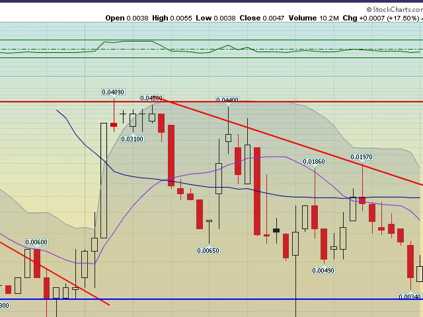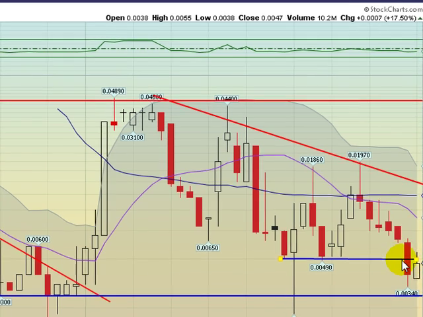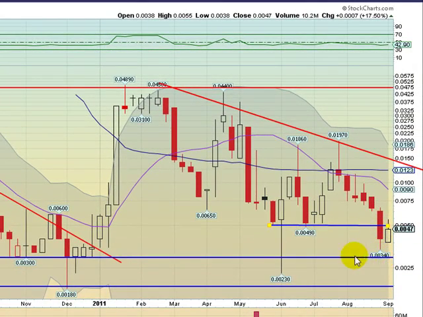Now we had some previous support right around 0.005. You can see we had some support here, and if we pulled it out a little bit further, you could see that it would have been a logical area for it to be tested here just the other week. Fortunately, we broke below the support, so we've come back down to our next support area, which is right here.